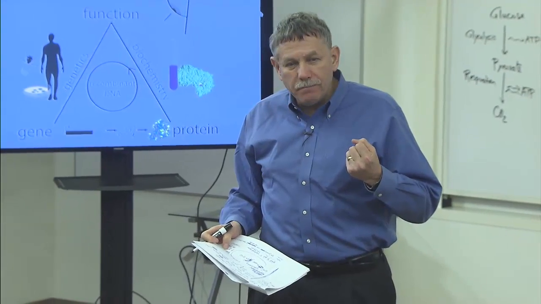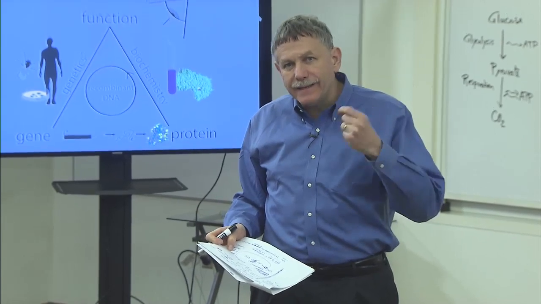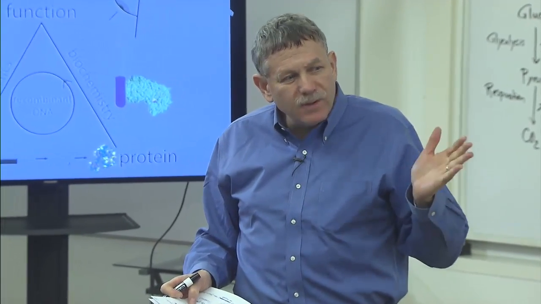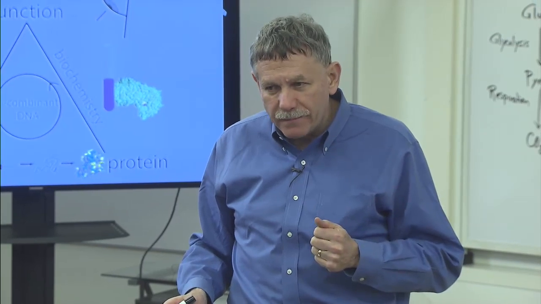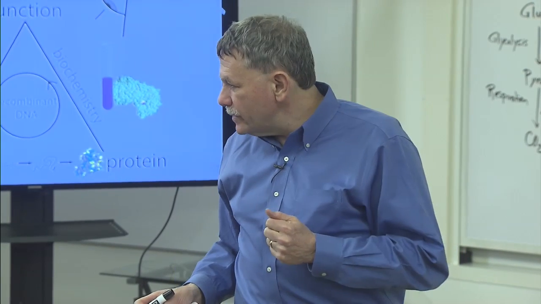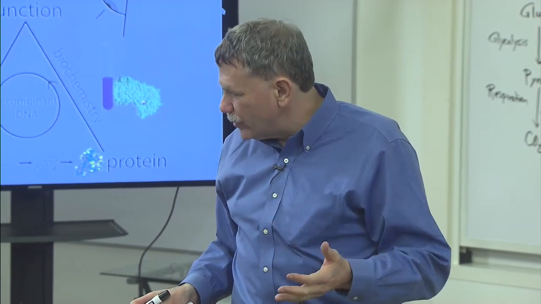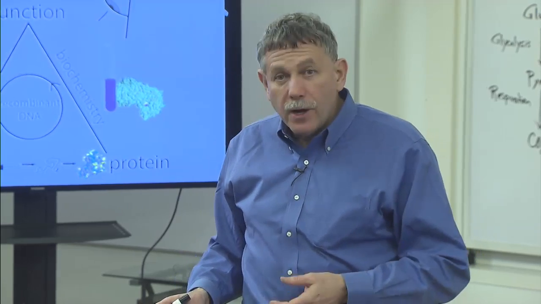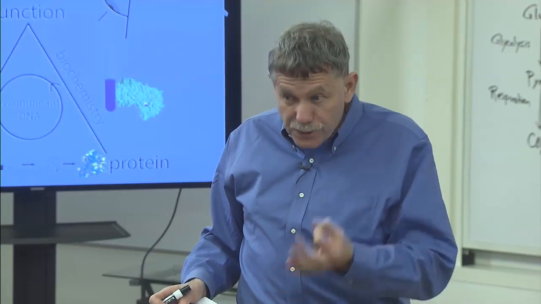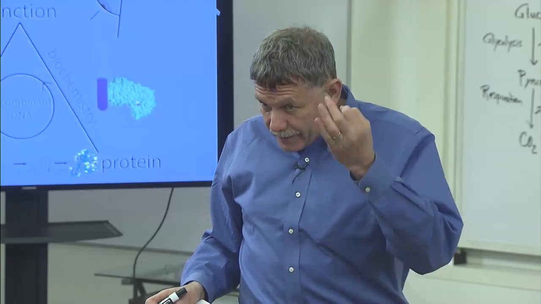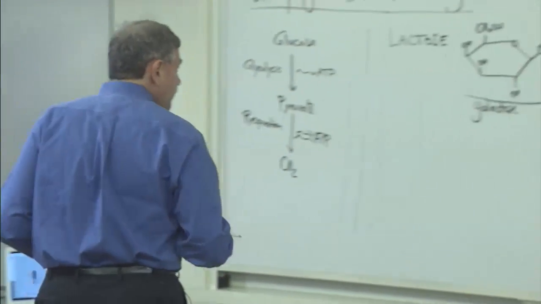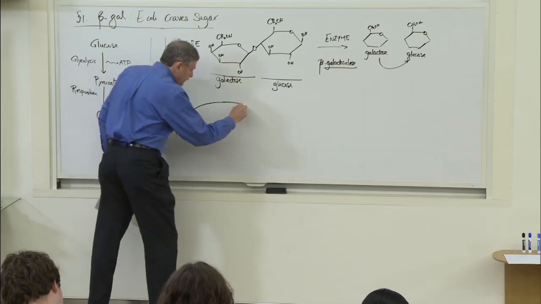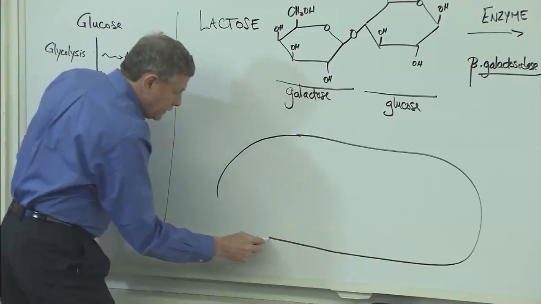How does lactose get into the cell? Is lactose going to just diffuse across the hydrophobic membrane? No, because it's a sugar, it's got all these hydroxyls, it's kind of a polar molecule, it's not going to get itself through the hydrophobic membrane. So there's going to be some transporter, some way that it gets in, some protein that'll get it in. So let's draw ourselves E. coli. Here's a big E. coli.